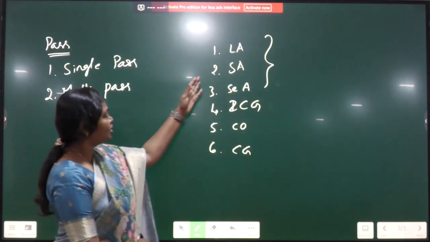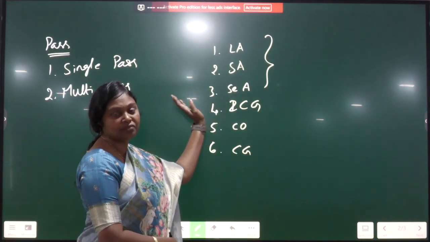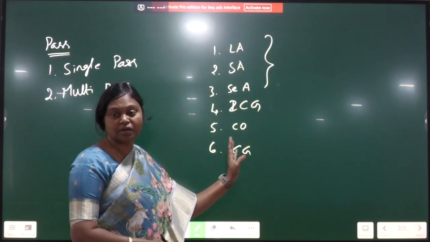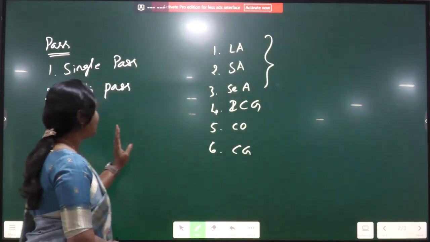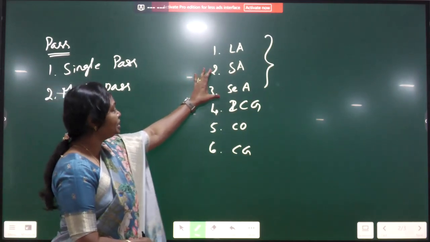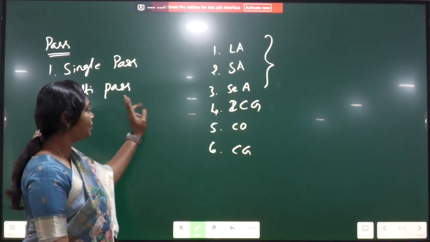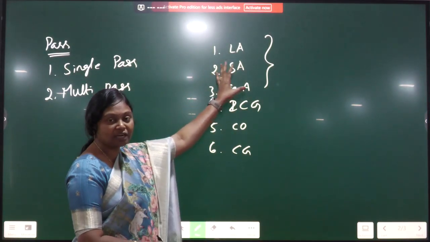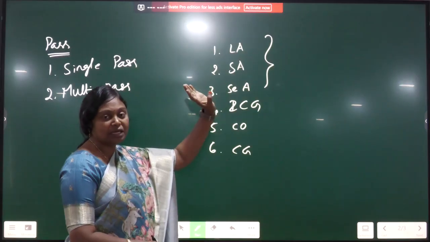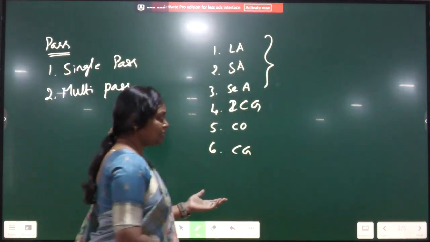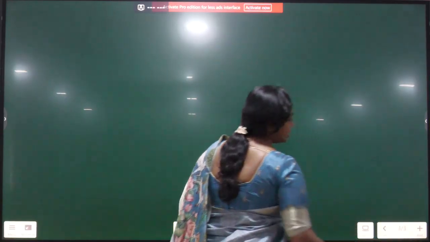As we know, the first 3 phases are called the front end and the last 3 phases are called the back end. If you combine the phases, that will become a pass. Two types of passes: single pass and multi-pass. Single pass means only one time we combine the phases as a pass, but in multi-pass we can do it multiple number of times. That is about pass and phase.